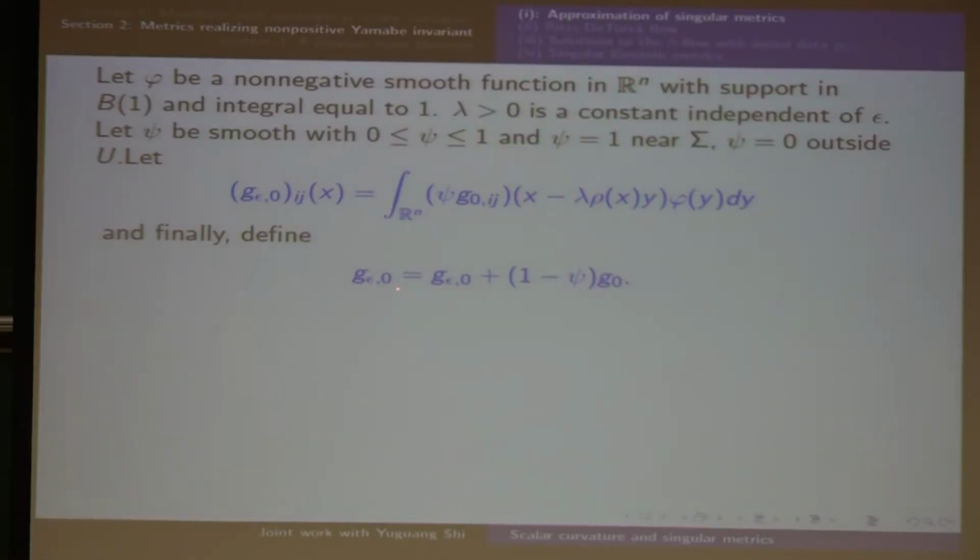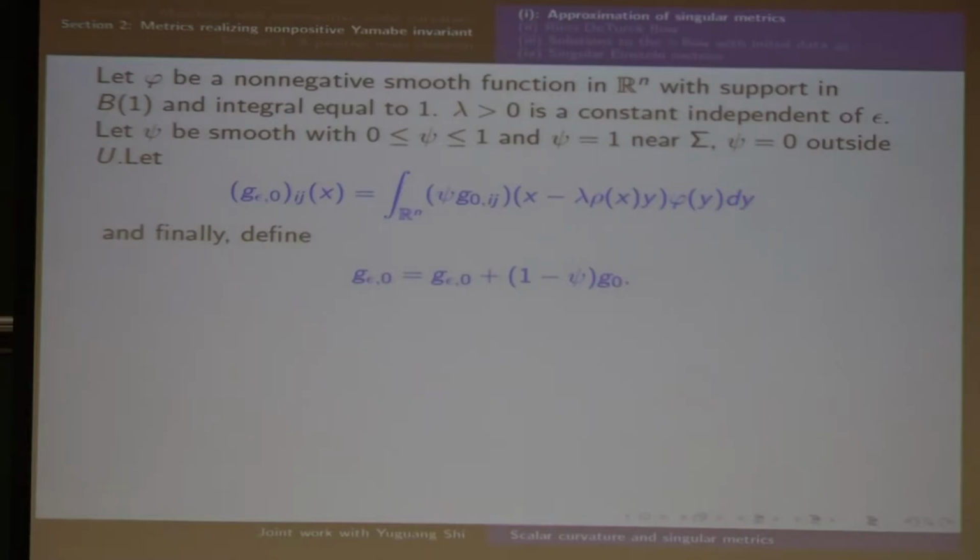And then we define another metric, which is G epsilon. Near sigma, we have G epsilon 0. Outside sigma, we have 1 minus epsilon times G 0. So therefore, we have G 0.